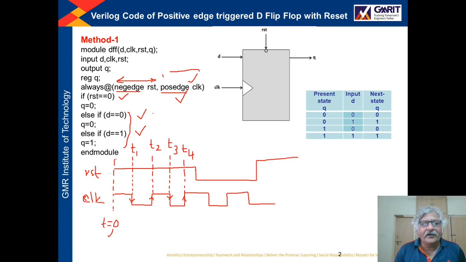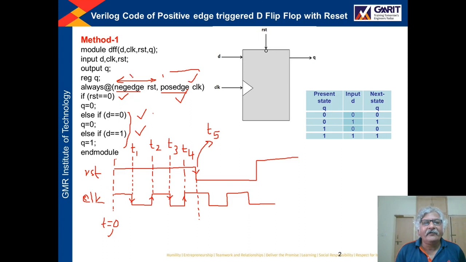Now you see at this particular time, this is T5. At time T5, CLK is 1. There is no detection of a positive edge on the CLK. But in RST, the signal is going from high to low.